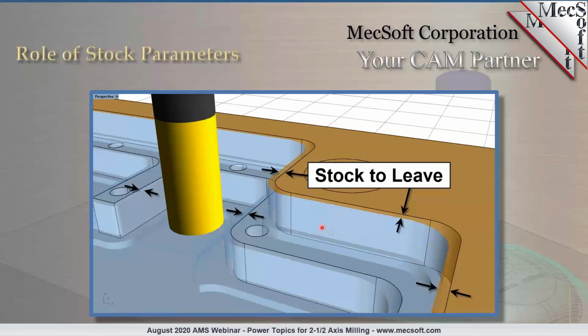In this example, we have a pocket operation. The default parameters on pocketing or facing operations in any of our 2-axis machining operation dialogs specify a stock to leave of about 25 thousandths if you're working in inch units, or 0.6 millimeters if you're working in metric units.